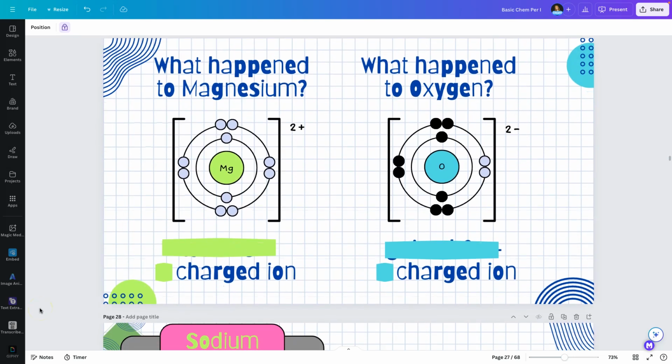What's happening to magnesium? Look at magnesium. What does it say next to magnesium? 2 plus. So it's, did you say positive? It's positive. It's positively charged. What does that mean?